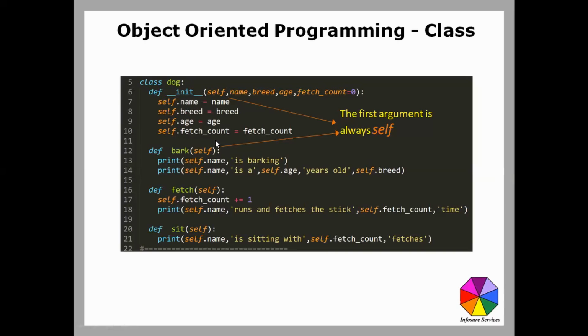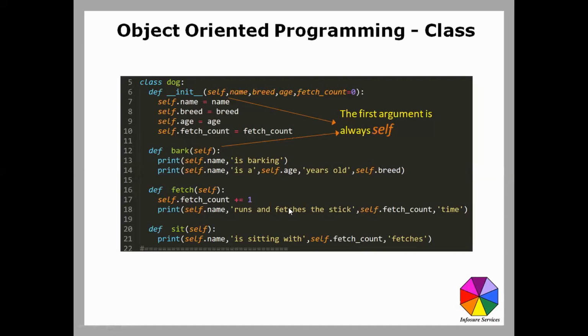So the concept of having the property and the setter and getter methods is encapsulation. You're encapsulating this inside the class. There are concepts in object-oriented programming like encapsulation.